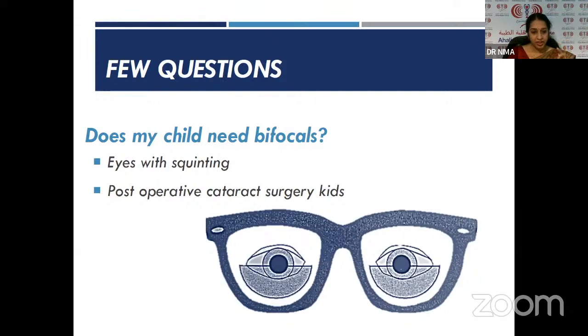As I previously mentioned, some types of squinting are due to the power in the eye, especially for near, where the eye goes for squinting. In that case, we give the bifocals. And also when the child has had cataract surgery, that is congenital cataracts, in that case also we give bifocals. Very few cases only we give. Otherwise, it is monofocal lenses, that is single vision lenses only, we prescribe.